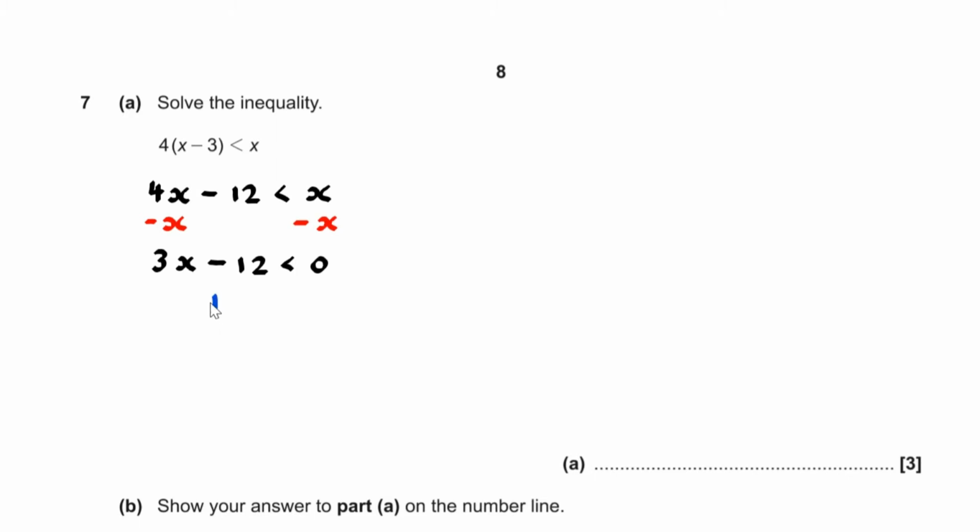If we now add 12 to both sides, then 3x is less than 12, and if we divide both sides by 3, then we would have x is less than 4. X is less than 4.